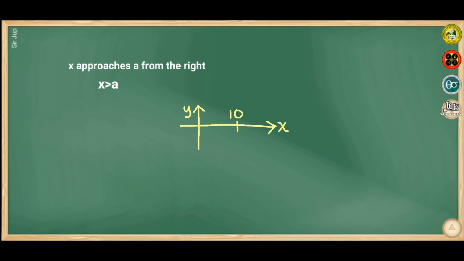Halimbawa, if x approaches to 10 from the right, ang i-consider mo na values of x ay close to 10 and greater than 10, such as 10.1, 10.01, 10.001. Yung notation nito ay ito, may plus sa gilid ng 10.